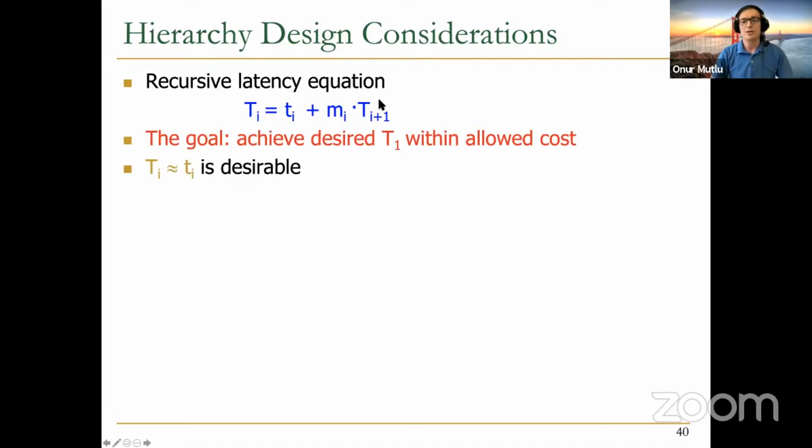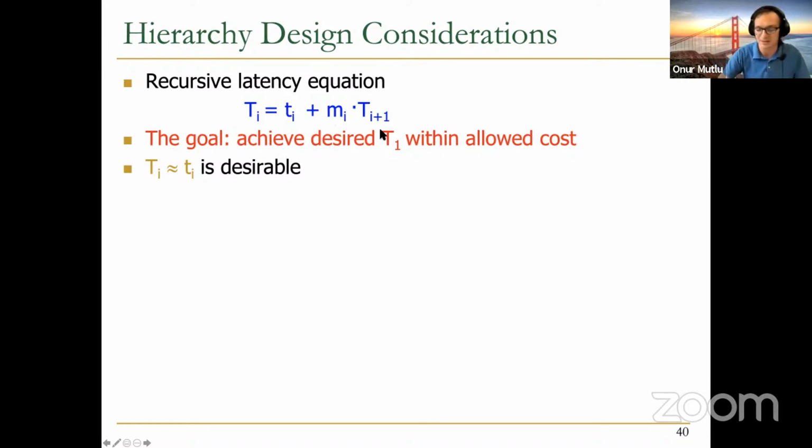Okay, so what do you want ideally? The goal is to achieve the desired T1, level 1 latency, within allowed cost. T1 is level 1, basically. That's the closest you can get because we're not talking about registers. Ideally, you want to minimize that. So ideally, you want to make the perceived access latency very similar to the intrinsic access latency by minimizing the second part of the equation.